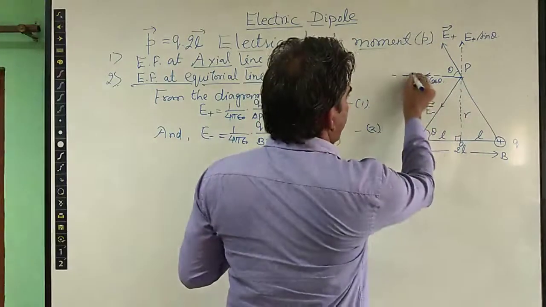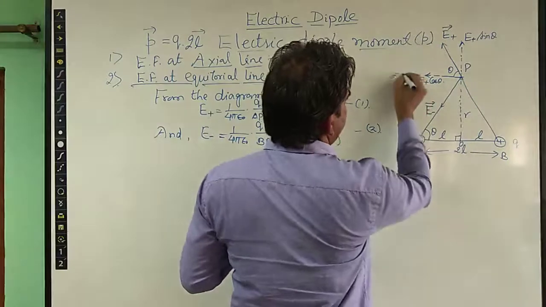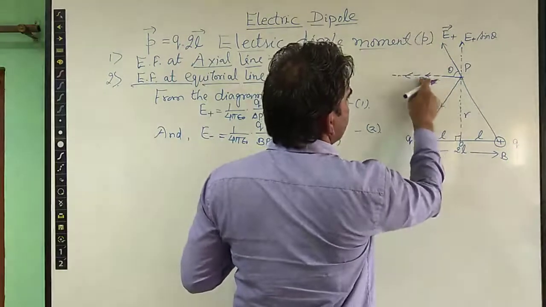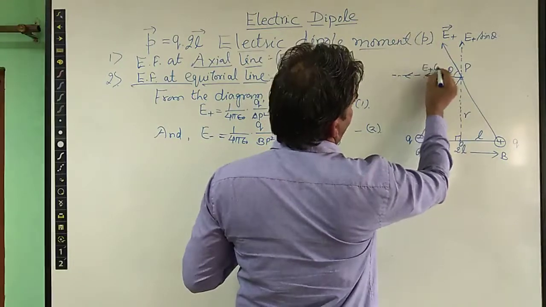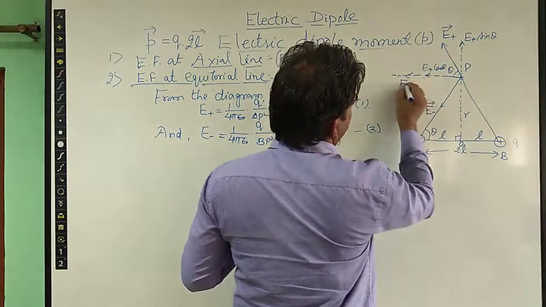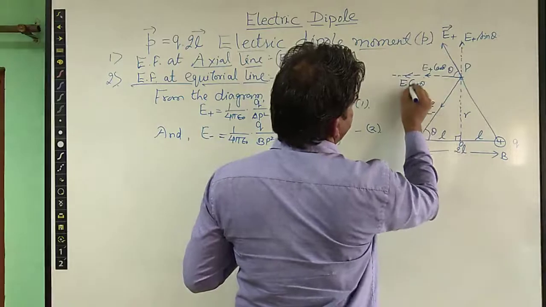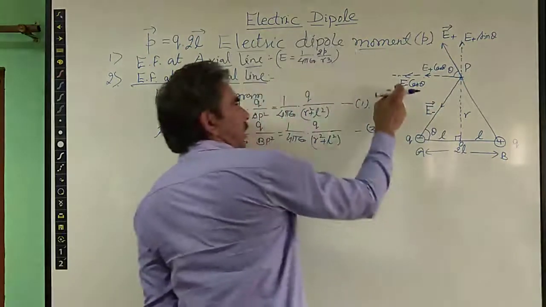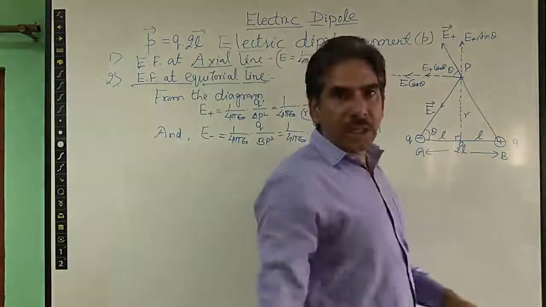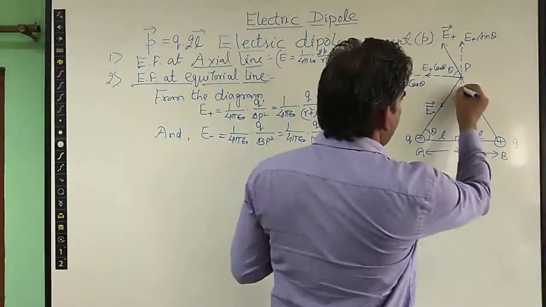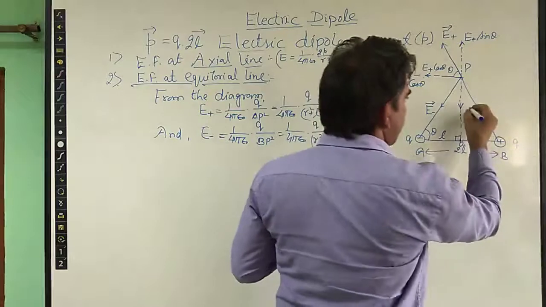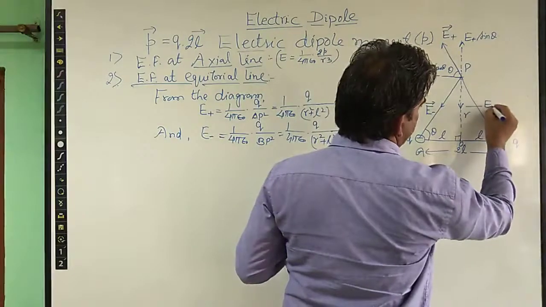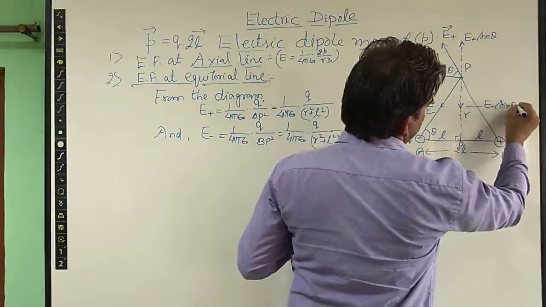So one component, let me write it above, is E positive cos theta, and this one is E negative cos theta. Remember, E minus and E plus both are equal in magnitude. And other component of this E negative is along the vertical, which is in downward direction. So let me write it outside. So it is E negative sine theta.